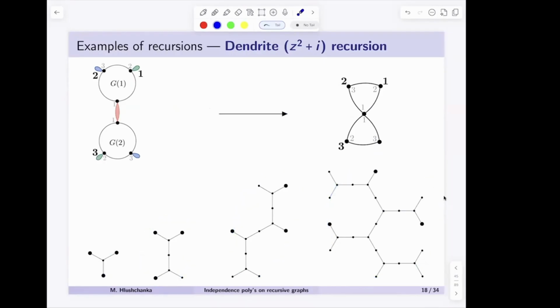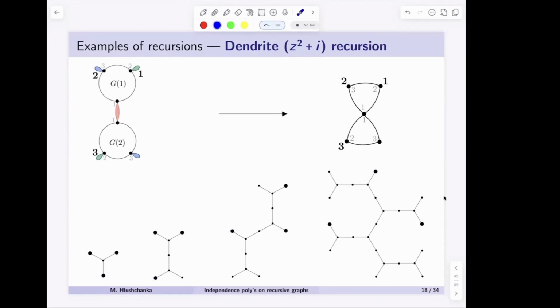In this case, all of these graphs are dendrites. The branching points in this case have either degree 2 or 3. And again, these labeled vertices basically correspond to the location of the post-critical points for this z squared plus i polynomial. All right, so this is the class of graphs that we work with.